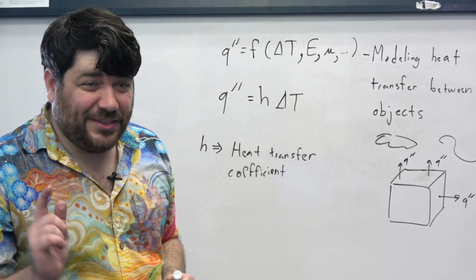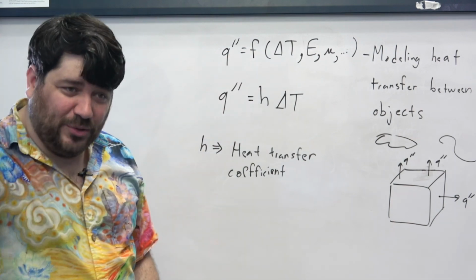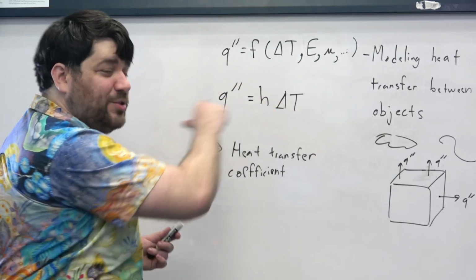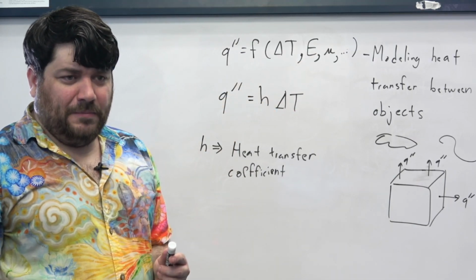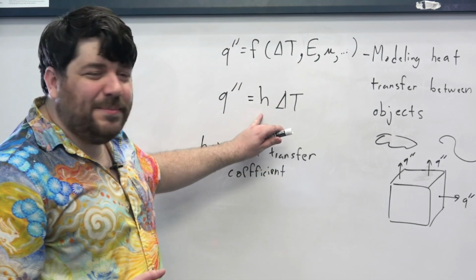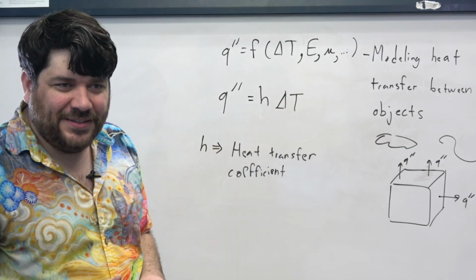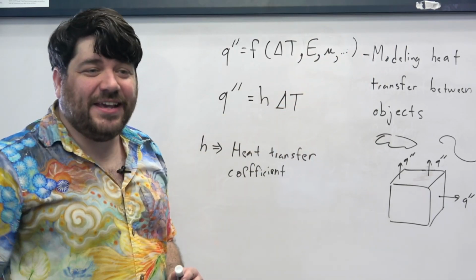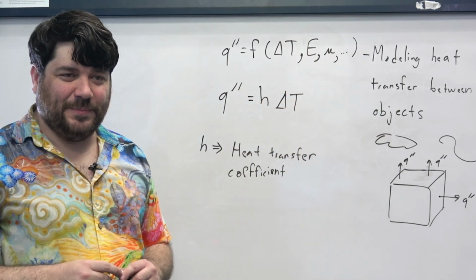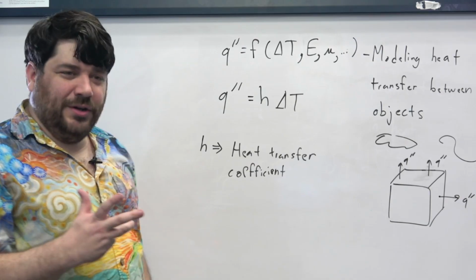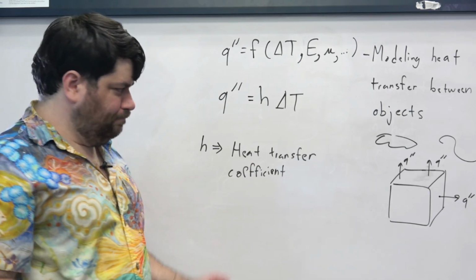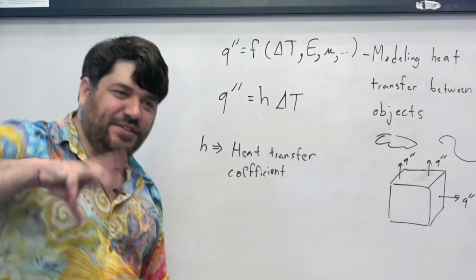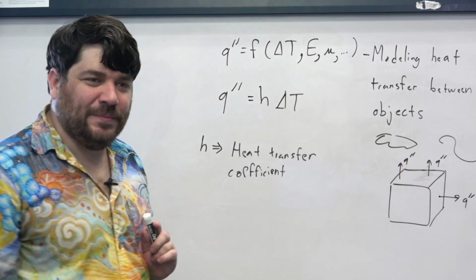But the trick about this is that, okay, it looks like we've pulled quite a rabbit out of a hat, in the sense that we took this arbitrary function and we just created this. But this h can depend on anything, right? This h can be a function of this or anything else in the system, right? And so what we've essentially done is that we've created this equation and then dumped all of the hard stuff into the h.